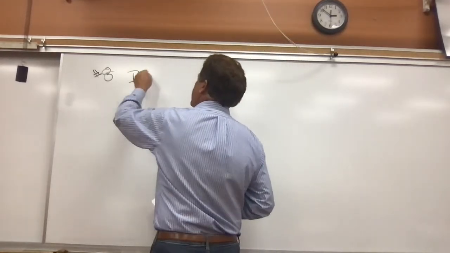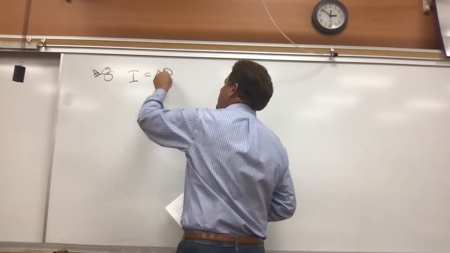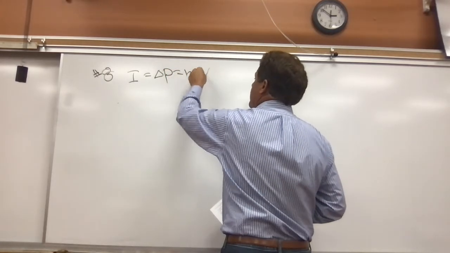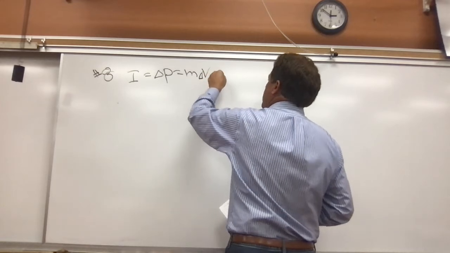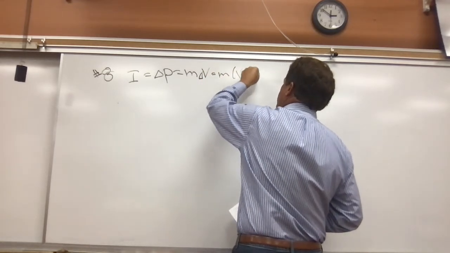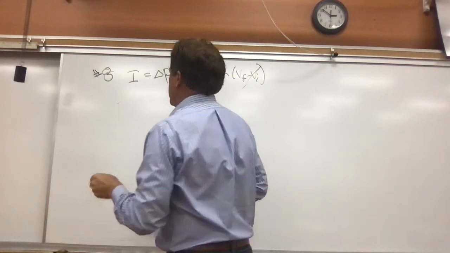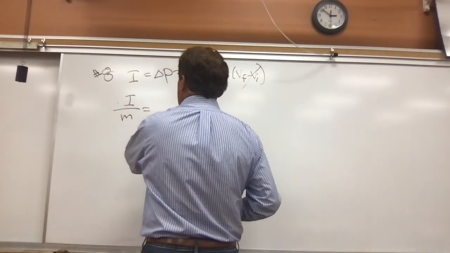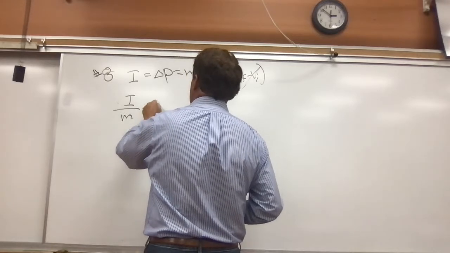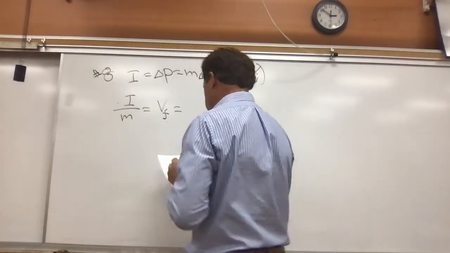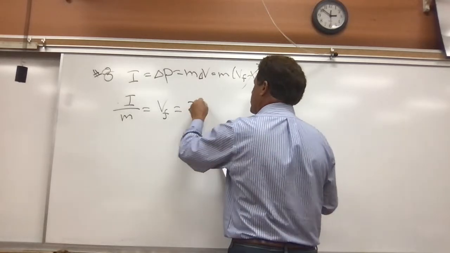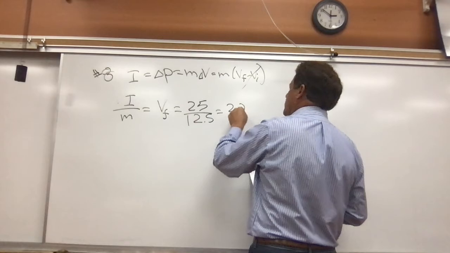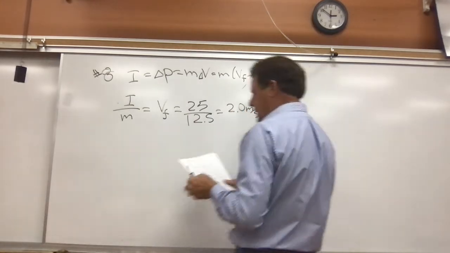So again, we're going to have impulse is equal to the change in momentum, which is mass times the change in velocity, which is V final minus V initial. Well, our initial velocity is 0. Therefore, impulse divided by mass is going to give us our V final. So we're going to have 25 divided by 12.5, and that's going to be 2 meters per second.